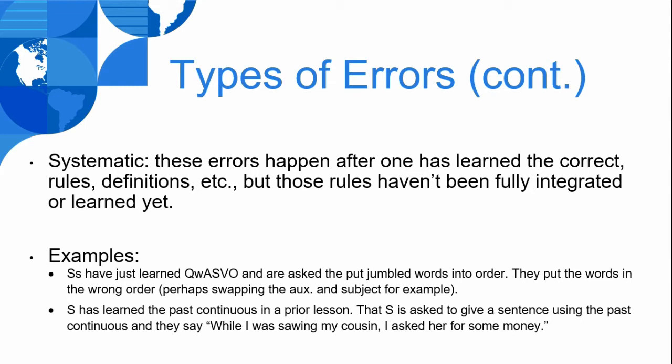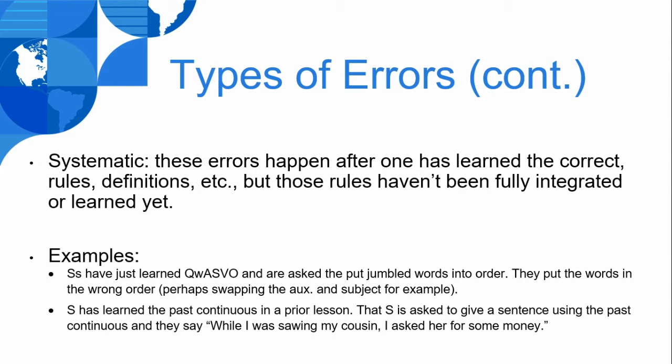So, some examples here. If a student has just learned what questions are, and they are asked to put jumbled words into order, and then they put the words into the wrong order. So maybe they're still swapping the auxiliary verb with the subject or something like that.